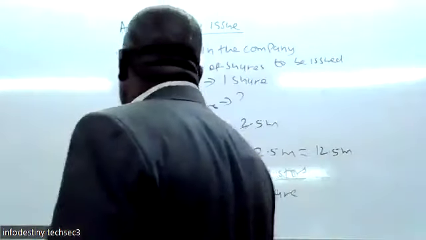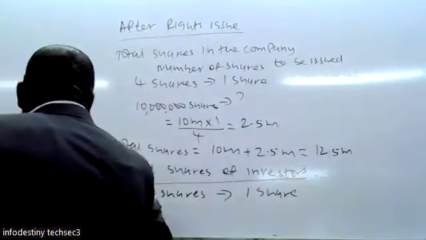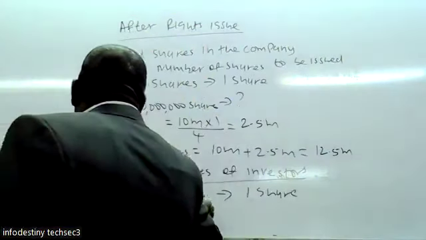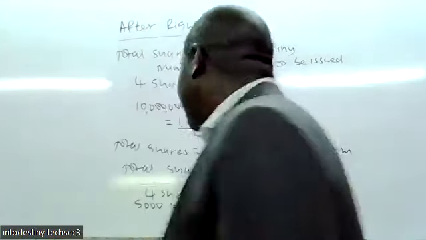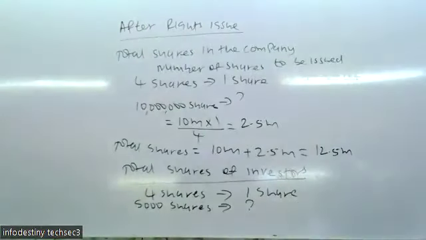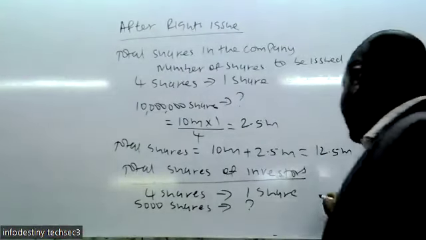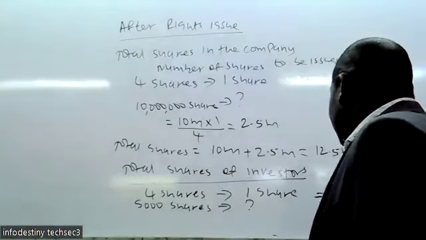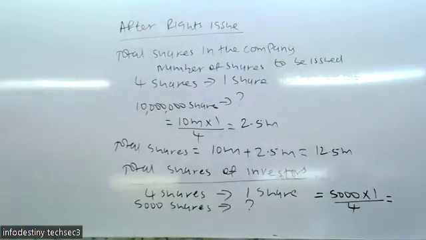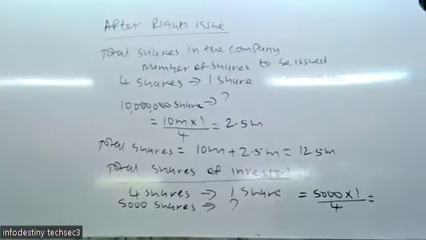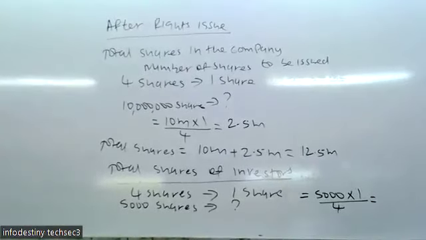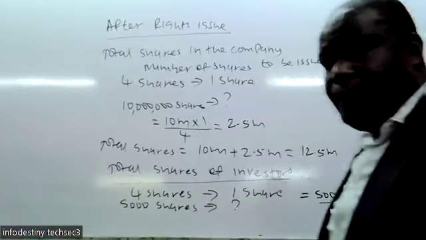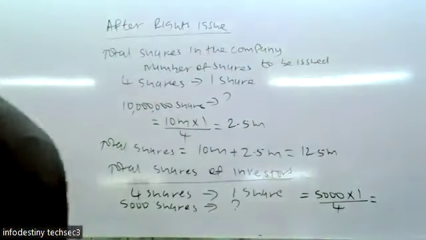So this investor had 5,000 shares. In the process, he received how many shares? We shall simply cross multiply, where we get 5,000 multiplied by 1 divided by 4.